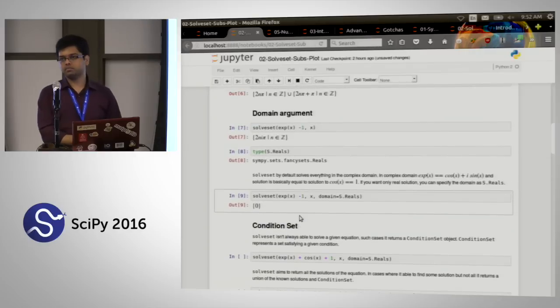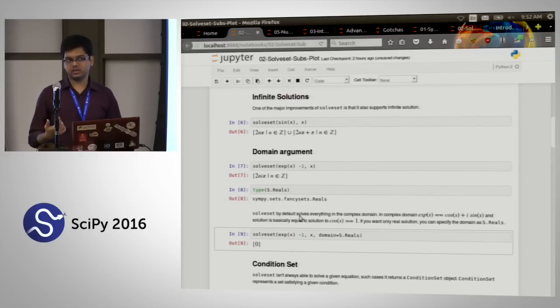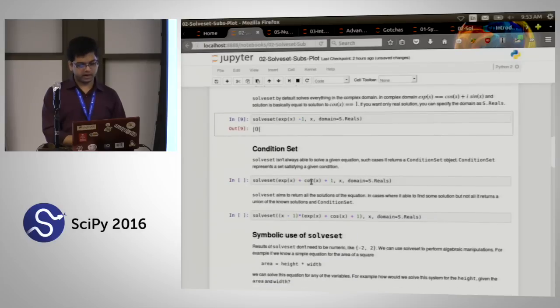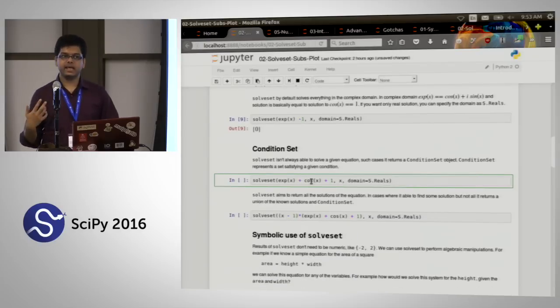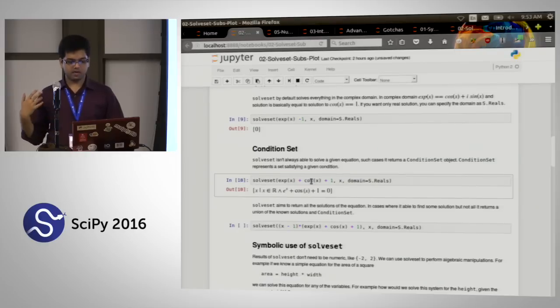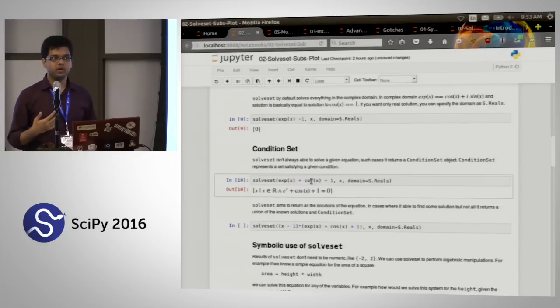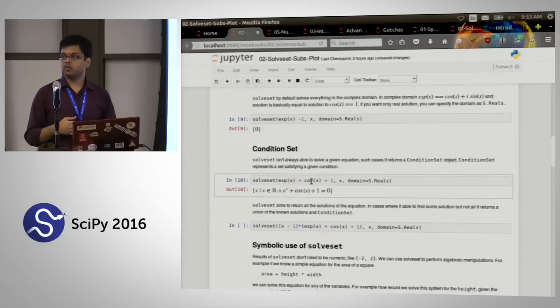Solve set cannot solve every equation as you expect. For example, if we try to solve this equation, e to the x plus cos x plus 1, we don't have a symbolic solution for it. So what SymPy returns is a condition set.